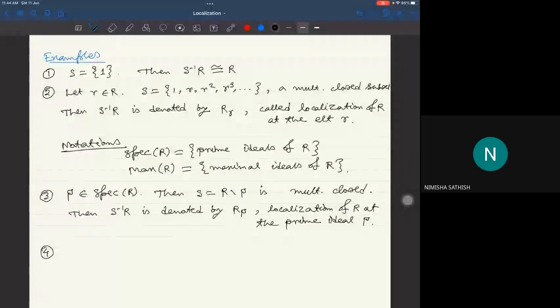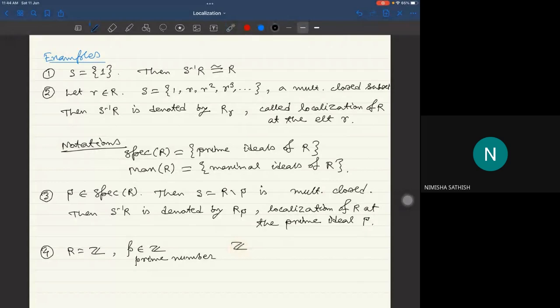The fourth one is a special case of these 2 and 3. You just consider the ring of integers, and let's say you have a prime number p. In 2 we have this localization at an element r, and we have denoted this by Z suffix p.